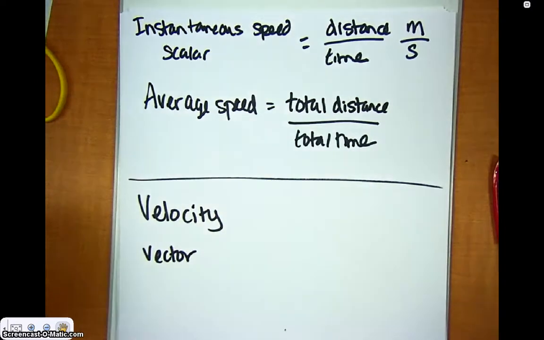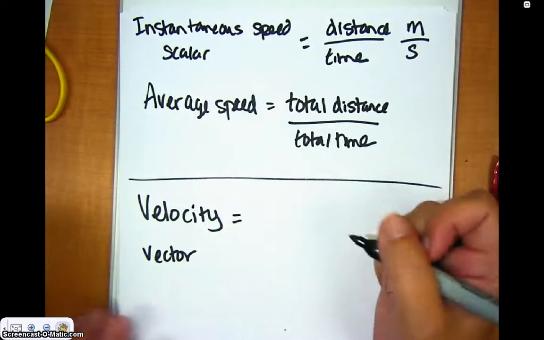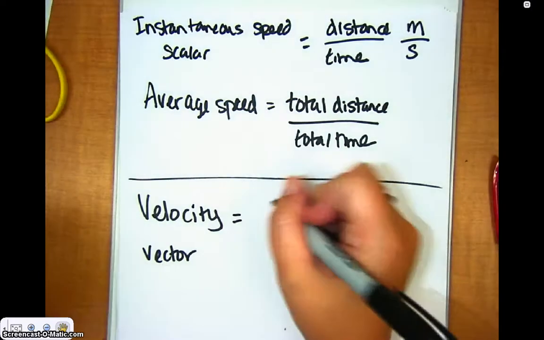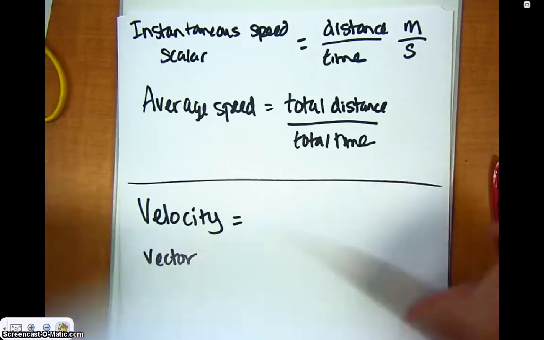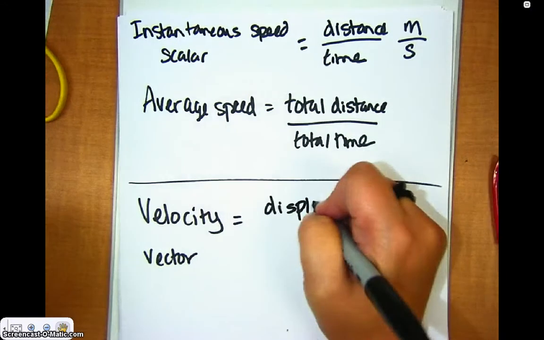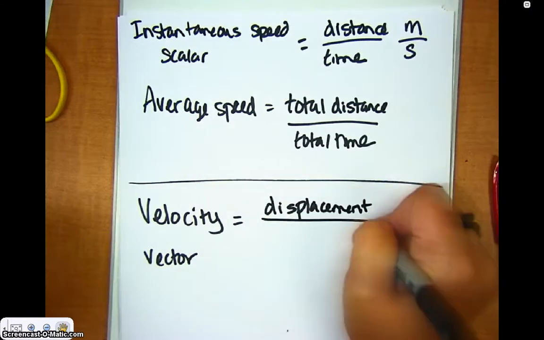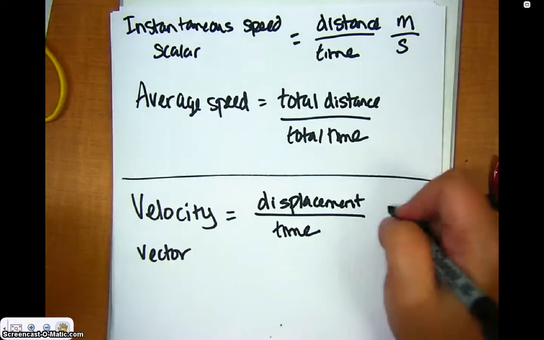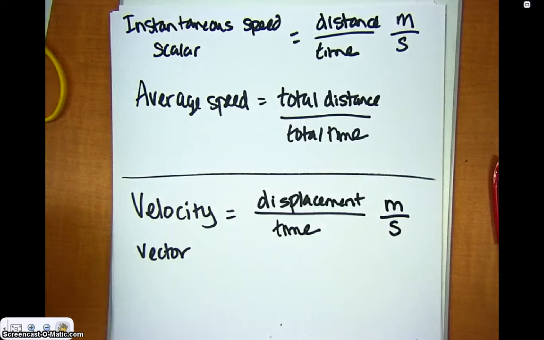And the reason why is because the definition of velocity is your change in position over time, which, remember, if we look back here, remember that change in position is displacement. So velocity is displacement over time. So the unit is also meters per second, okay?